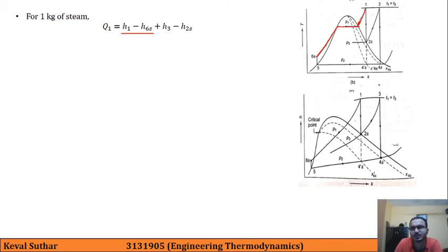This is our first addition process, and second is H3 minus H2S, that is over here. Second is Q2, that is H4S minus H5. That is the rejection process, and here it is this.